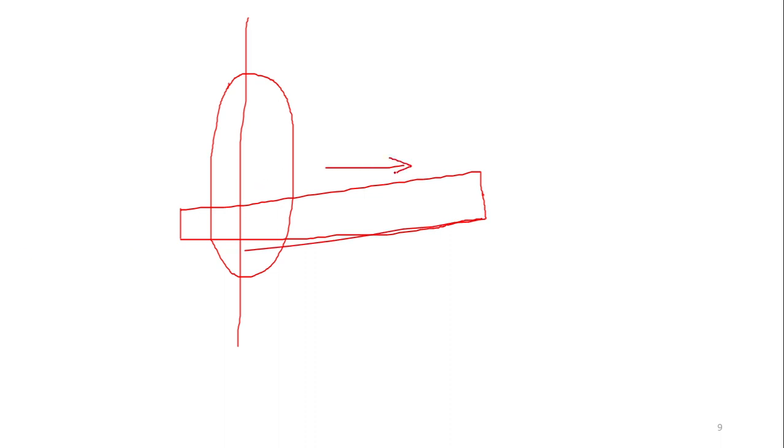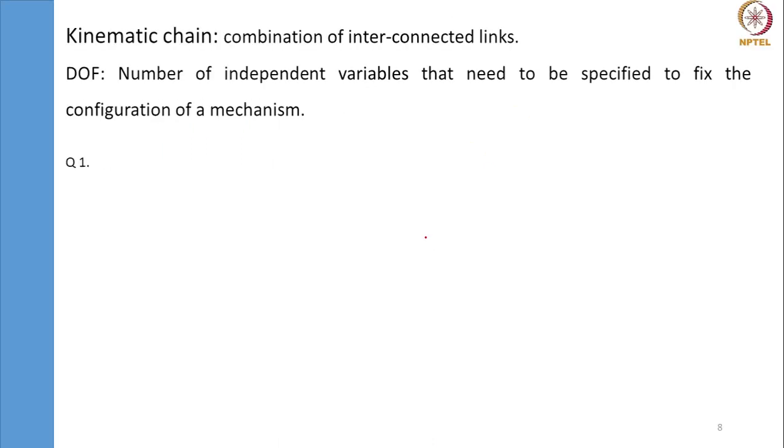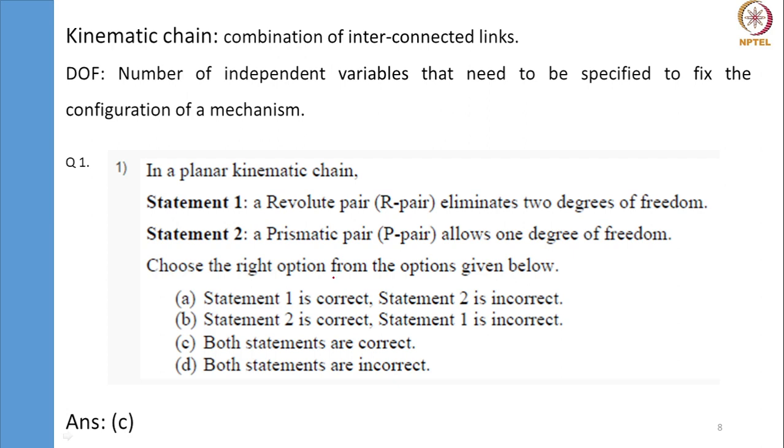So we have a sliding motion or translatory motion. So the degree of freedom for this one is just 1. We have only translatory degree of freedom. So a prismatic pair allows only 1 degree of freedom. So both statements are correct. So the correct answer is C. Any questions? Okay.